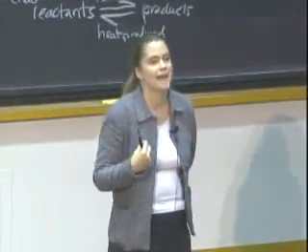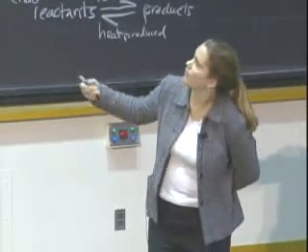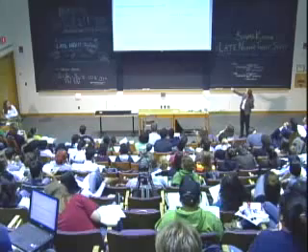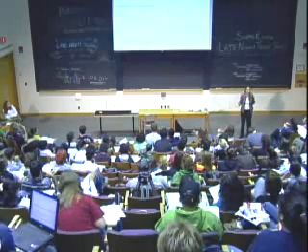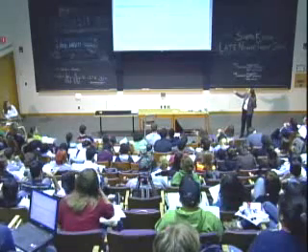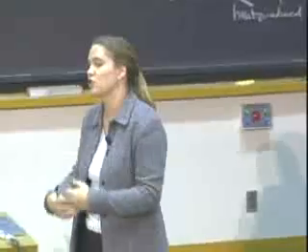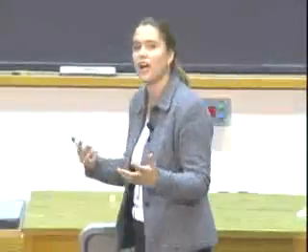If you want to maximize the yield, then it seems like the low temperature would be good. It's an exothermic reaction, so low temperature would be good. It would favor products. But there's a problem with that, which is that low temperature also slows the rate. And you usually want a good rate. You want to make a lot of products pretty quickly, make some money off of it.